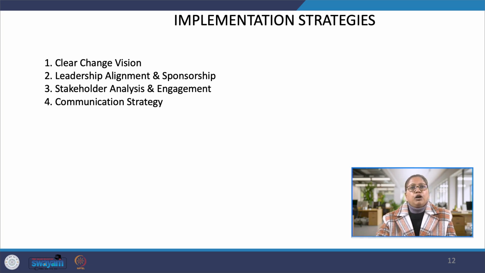The change process will become peaceful. Communication strategy: communicate early, often, and be transparent. Use multiple channels. It is not just one way, like writing an email, which can make people understand that change is important.